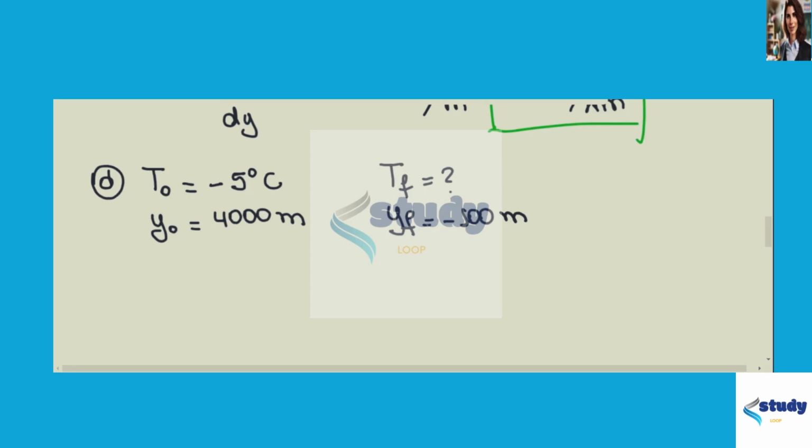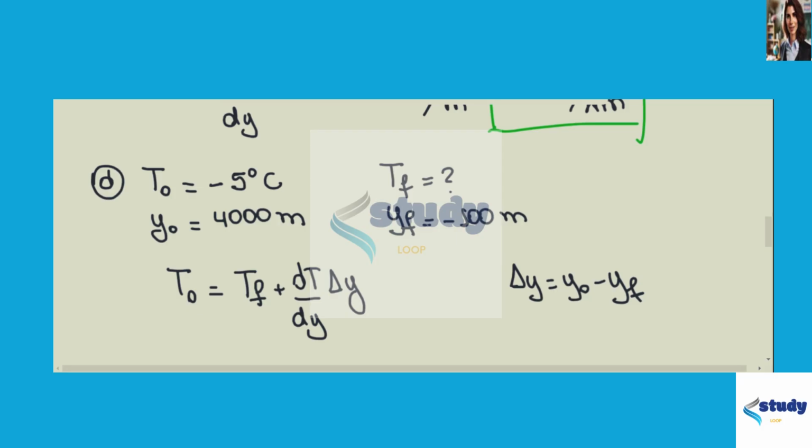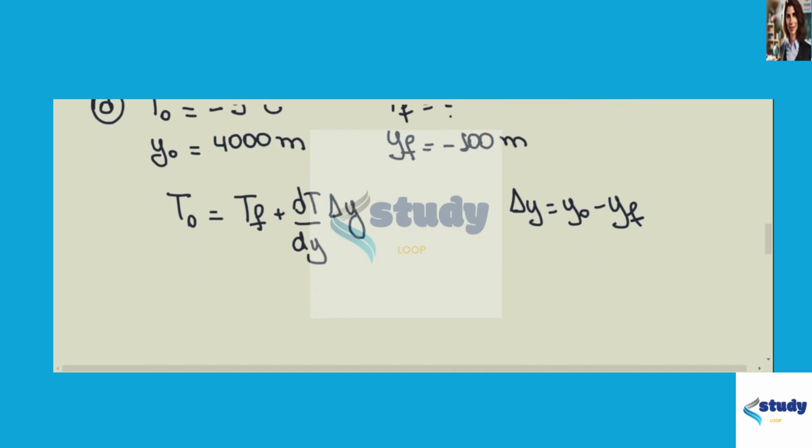So notice that the temperature T0, this is the temperature at the top of the mountains, is equal to the temperature at the bottom plus dT dy times delta y, where delta y is y0 minus yf. So our goal is to find Tf, so I'm going to isolate it.